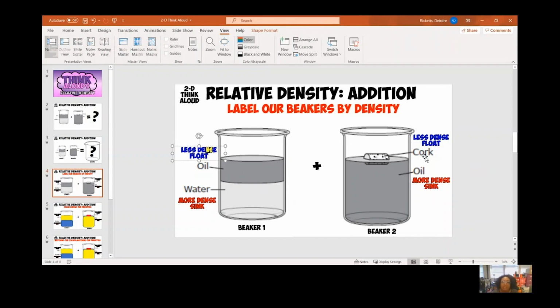We have oil and a cork. And the oil's at the bottom, it sinks. So it's more dense compared to the cork, it floats. So the cork has less density or is less dense compared to the oil. Label your beakers by density. You got it? Good. Let's move on.